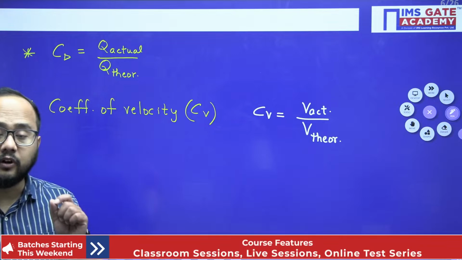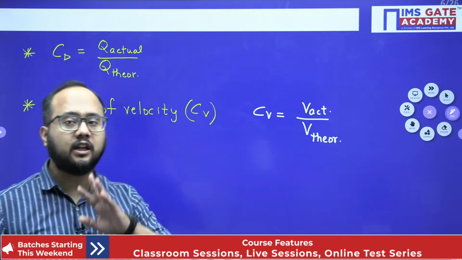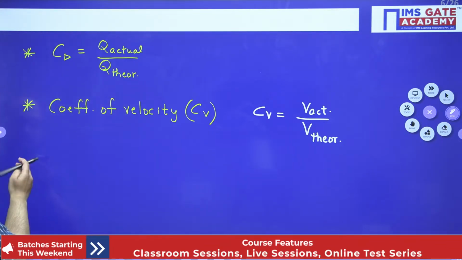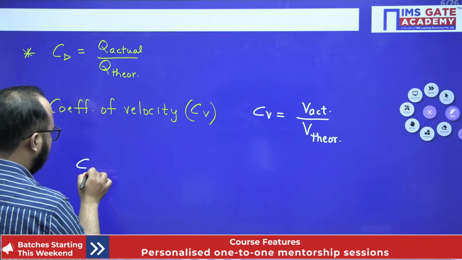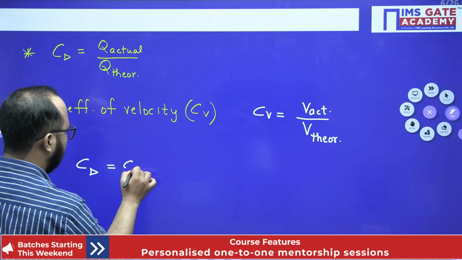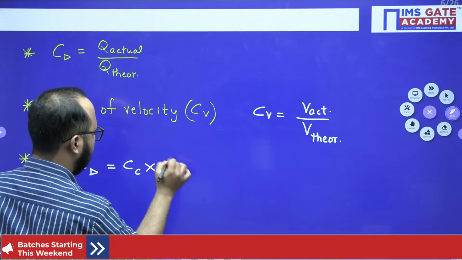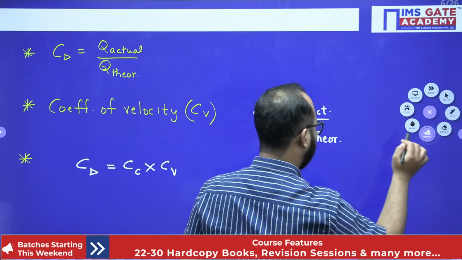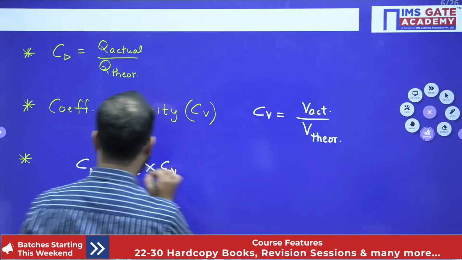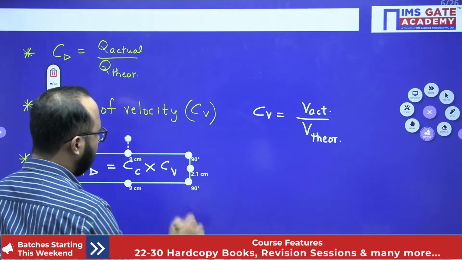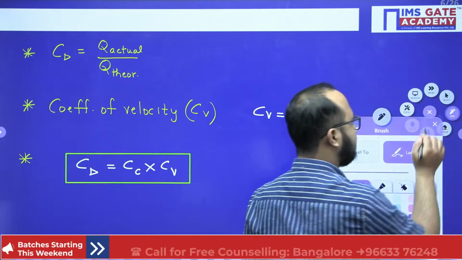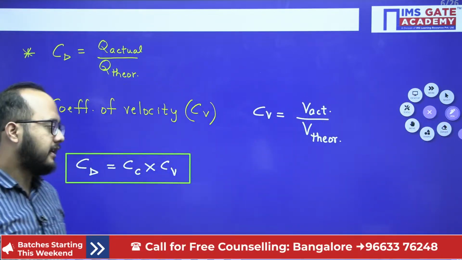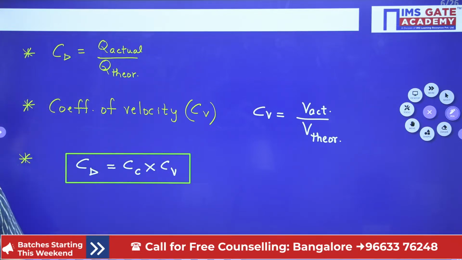And there is one important relationship between all three coefficients that you need to remember: CD equals CC into CV. Remember this relationship always, very important, because in the examination they can give any two values and ask for the third value. So CD equals CC into CV, right everyone?